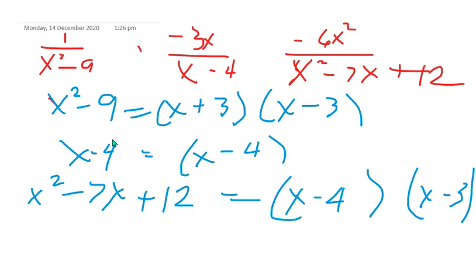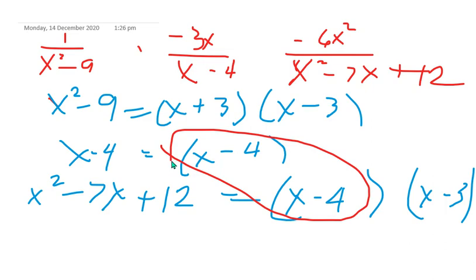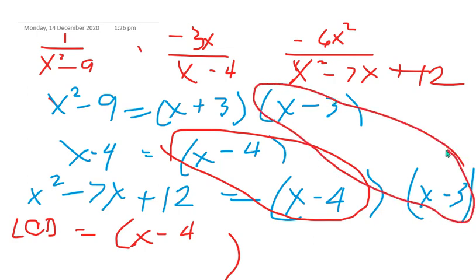Okay, therefore, we are going to get the group. We will group. Okay, so we have here one group of x minus 4. So this is the LCD. And then one group of x minus 3.